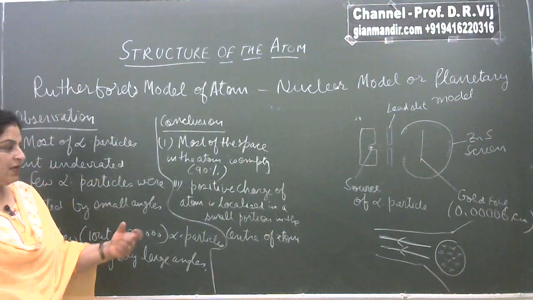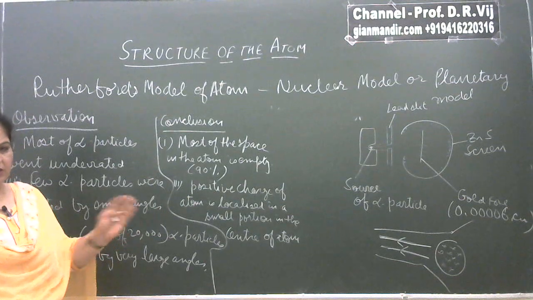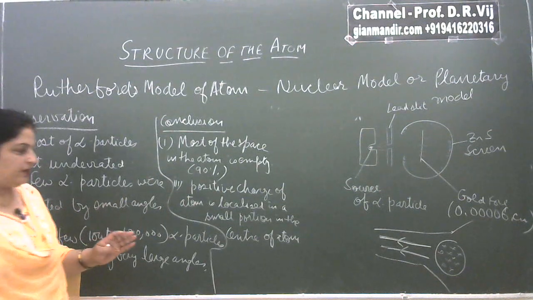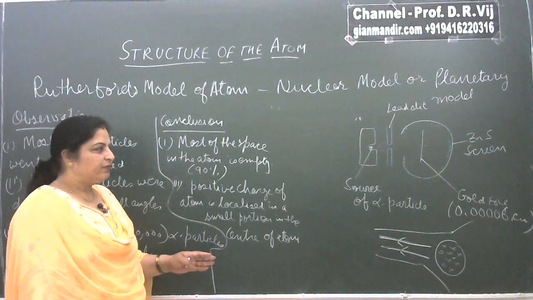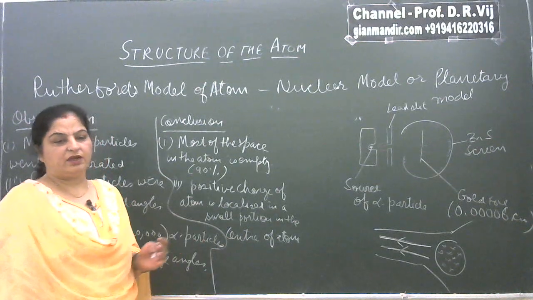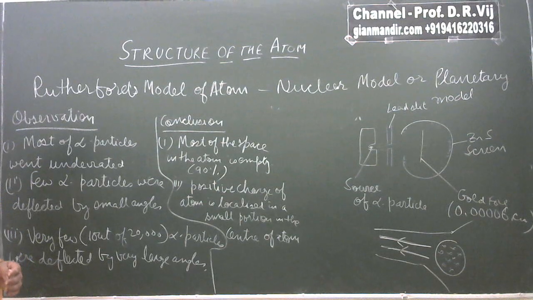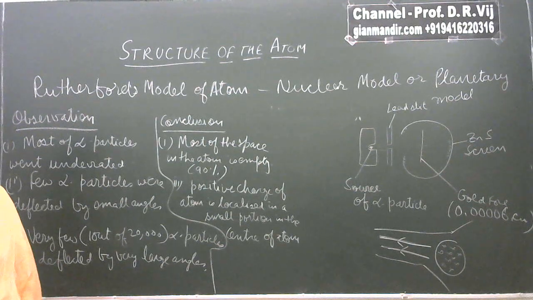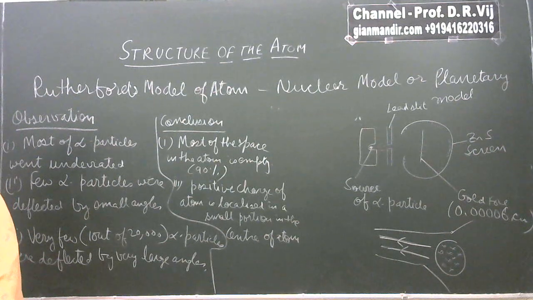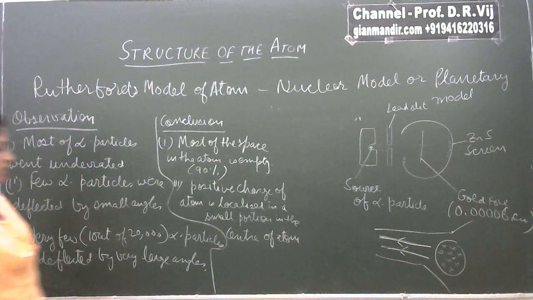You can see that this statement is totally different from what Thomson said, because according to Thomson, the positive charge of the atom is diffused all over the atom. It is not localized in some area, but Rutherford's model proved that this positive charge is not distributed all over, but is localized in a very small region.